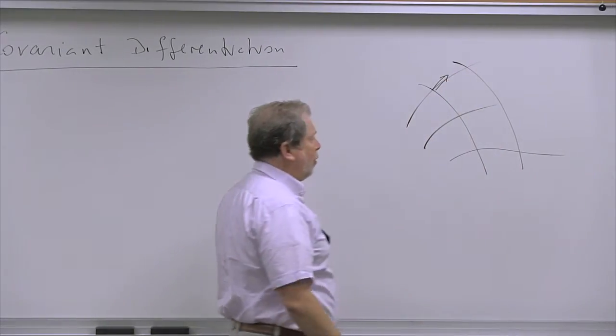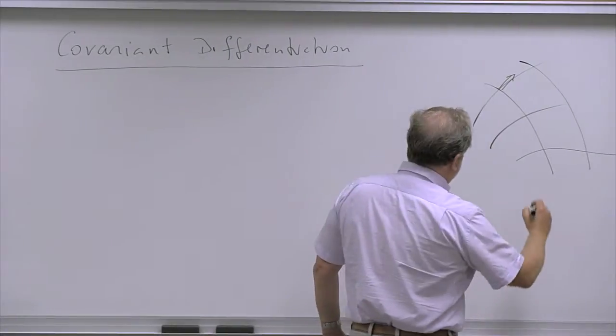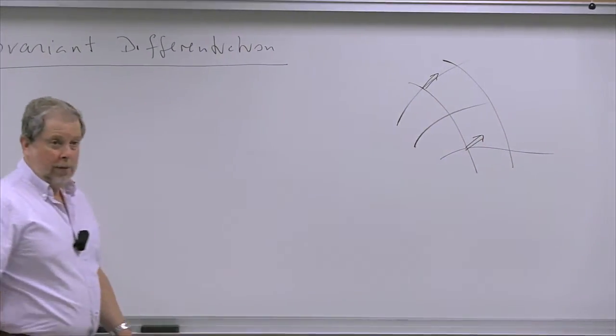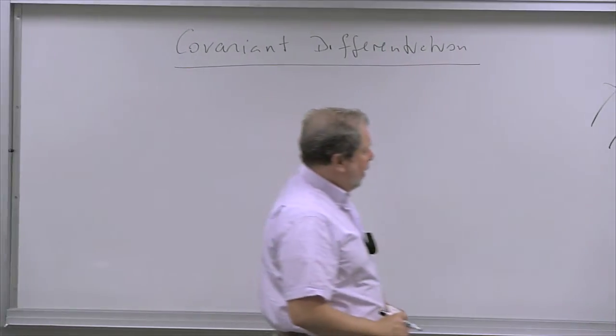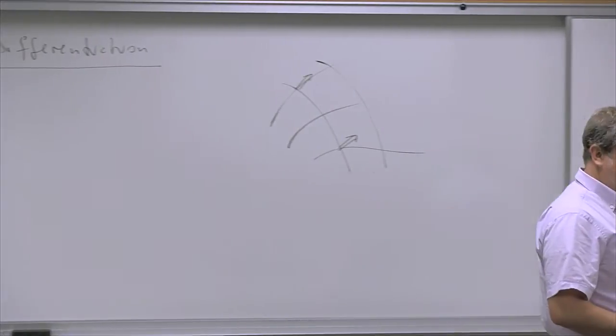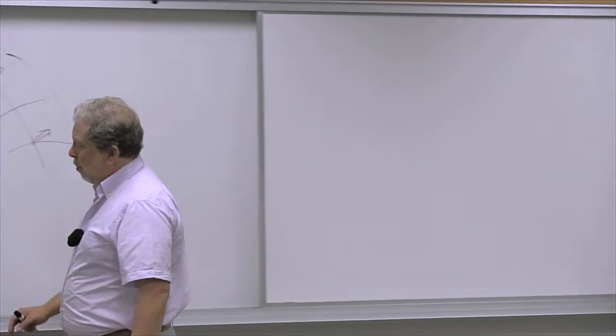If you're given, say, a vector in this direction, a vector that you would assume does not vary, so that its derivative is close to zero, you can see that the components at different positions are quite different because the coordinate system is curvilinear.